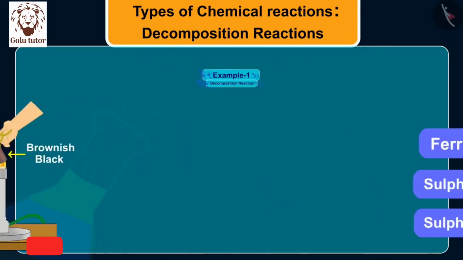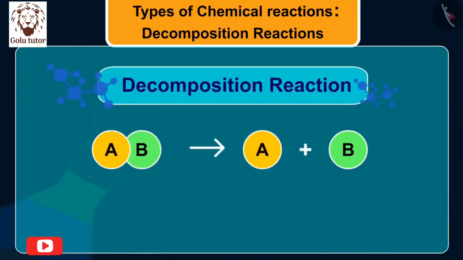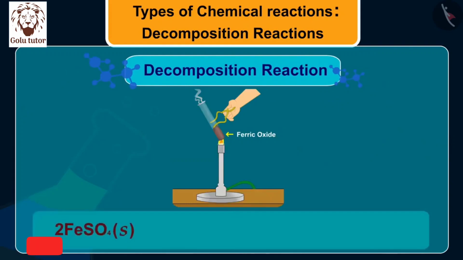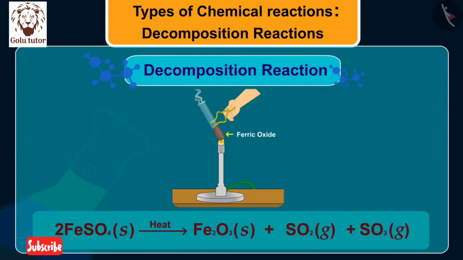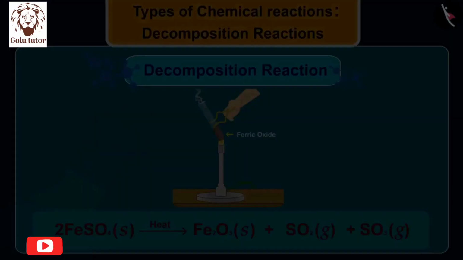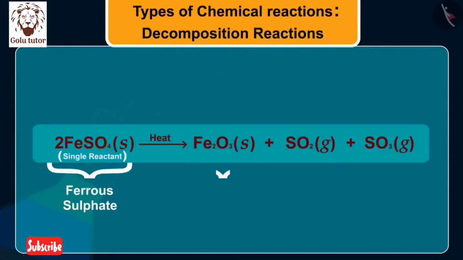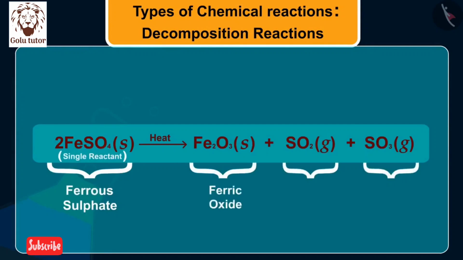So students, this is an example of decomposition reaction. Why? Because one reactant, that is ferrous sulfate, is breaking down to produce ferric oxide, sulfur dioxide, and sulfur trioxide. In this reaction, you can observe that a single reactant breaks down to give simpler products.